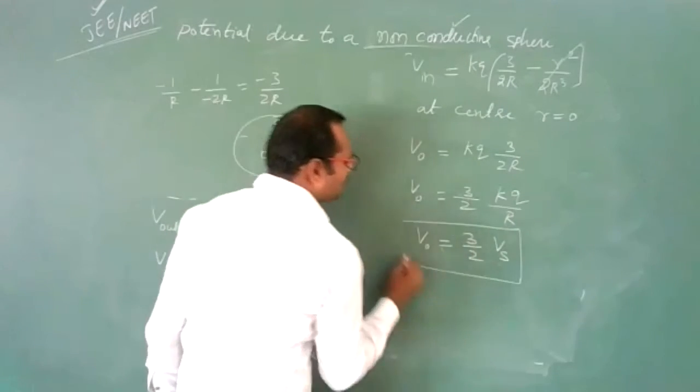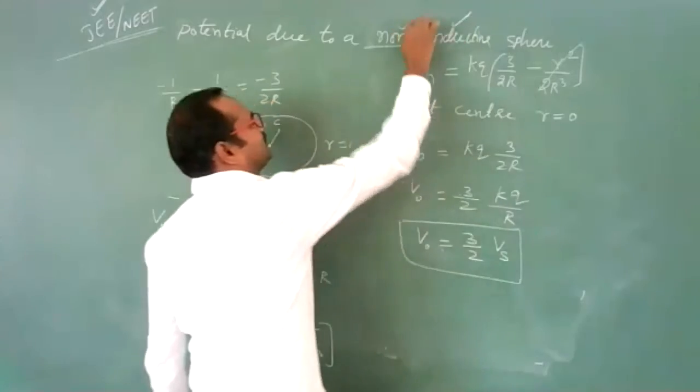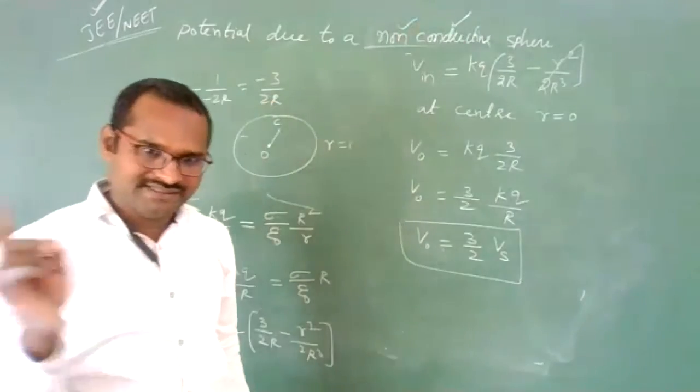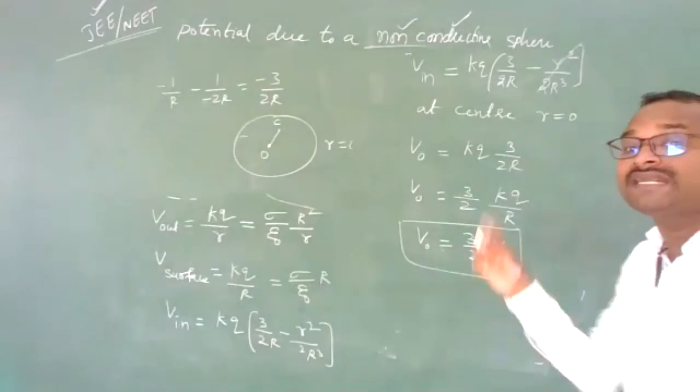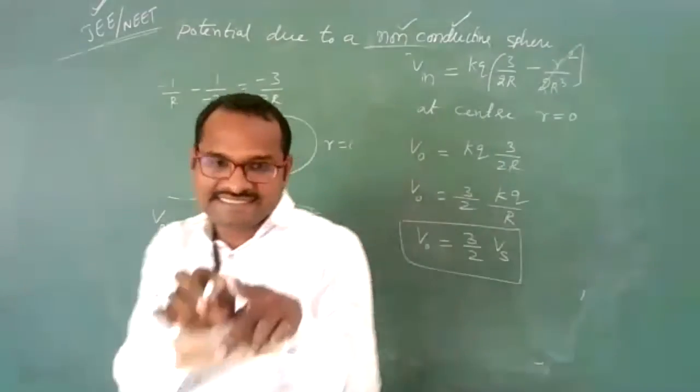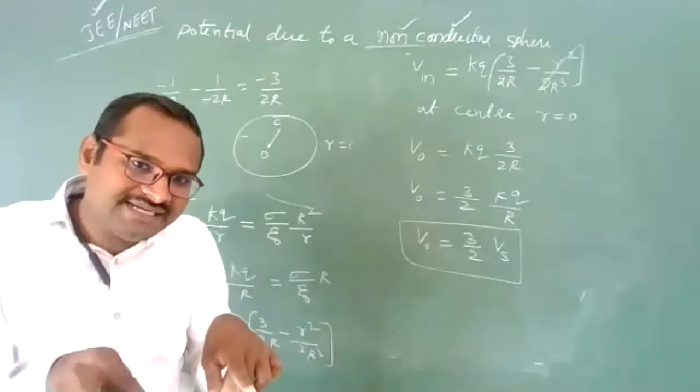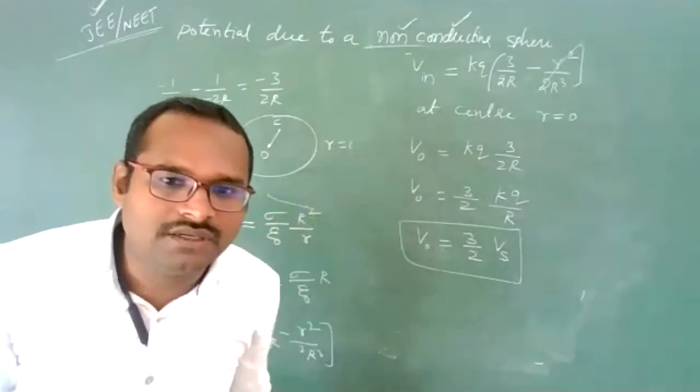So potential due to a non-conducting sphere at the center is 3 by 2 times the potential on the surface. Whereas for a conducting sphere, the potential at the center, at any point inside and on the surface are equal.